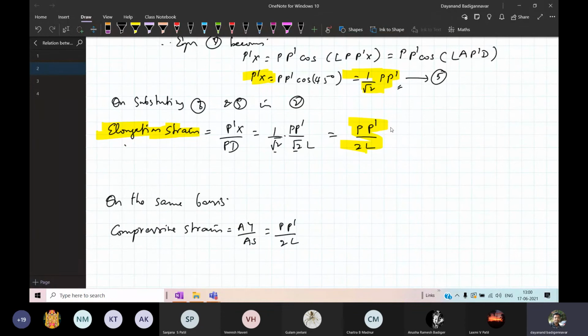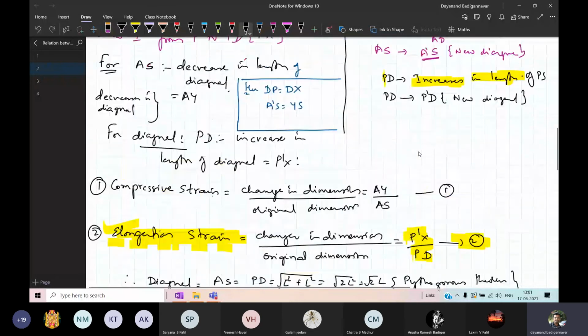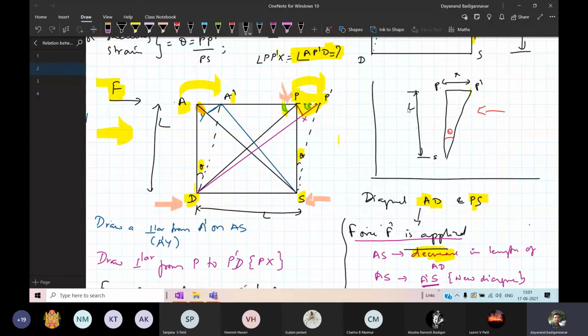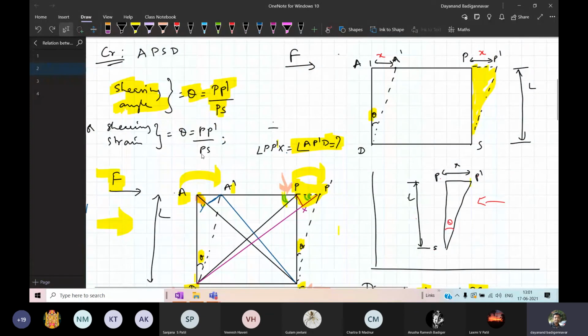I can still write it as 1 by 2 into P dash by L. Now, what is this P dash by L? Anybody can tell me? Look at the diagram here. What is this P dash? P dash is nothing but X, divided by L. P dash by PS.